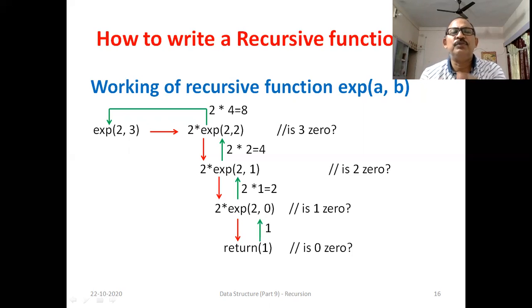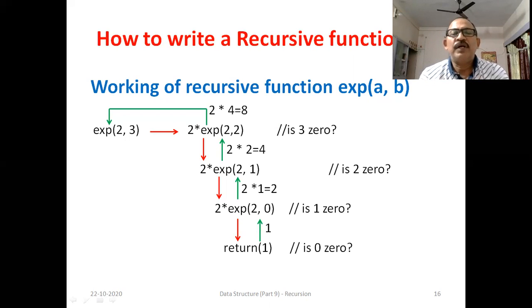That is, the problem of determining the exponent of 2, 3 is divided into two parts: 2 into exponent(2, 2). The system calls the function (2, 2). Again, the function checks: is 2 equal to 0? The answer is no. Again, the exponent(2, 1) is called by the system. And here you can see 2 into is a suspended activity.